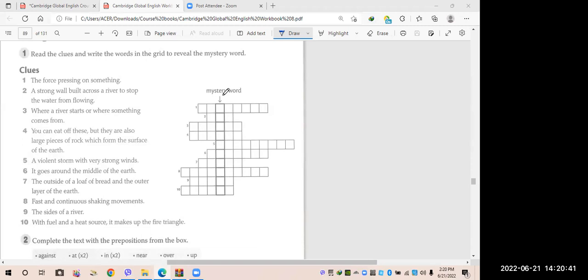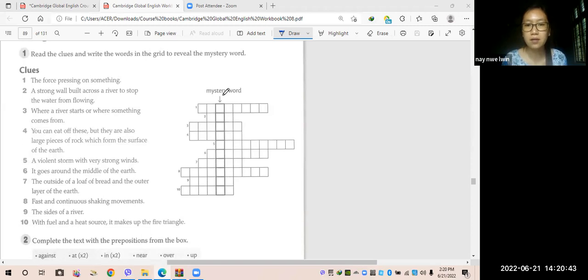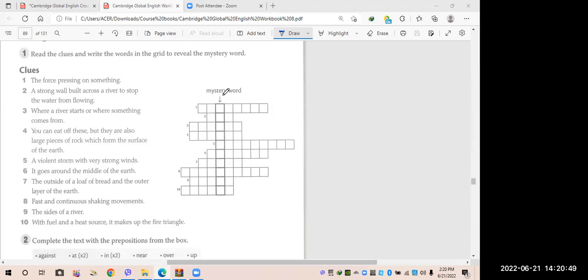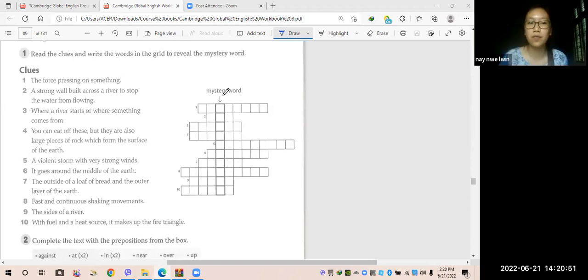Correct. And 5. Wait, can you say that again, please? Plates, P-L-A-T-E-S. There is something we can eat off, and there is a large piece of rock which comes from the surface of the earth. So they're the same. And 5, a violent storm with very strong wind.